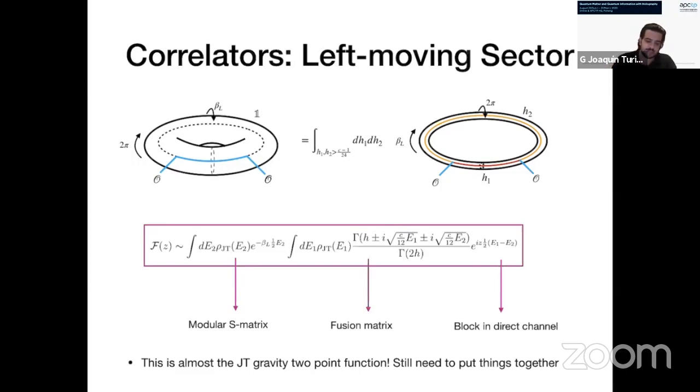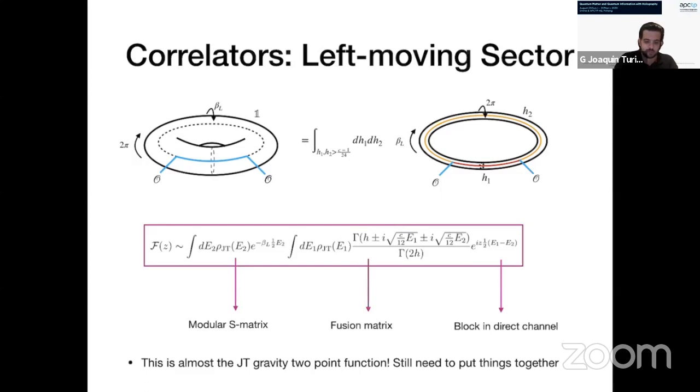And the subtlety is that you have to do a modular S matrix to do that modular transformation, and this is this factor. But you also need to do a fusion transformation that I'm not going to explain, but it gives you this other factor. And this factor is just the conformal block in the direct channel that is just a scaling block, just an exponential with no descendants.